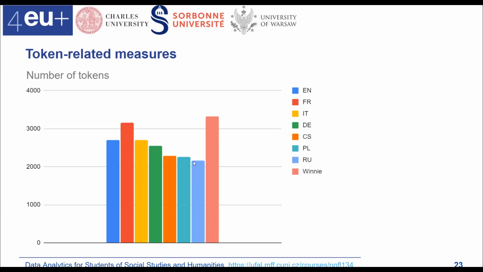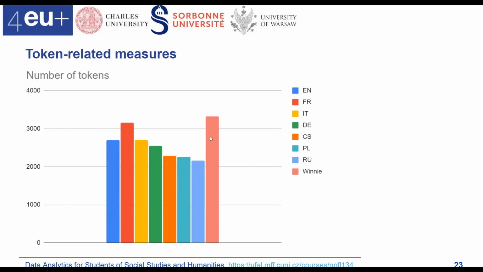On the other hand, you can see the disproportion between Winnie the Pooh and the English version of the preamble, because it is the question of length of the words. So the tokens, which basically amount to words, are much more complex, longer in the English version of the preamble than in the Winnie the Pooh book.